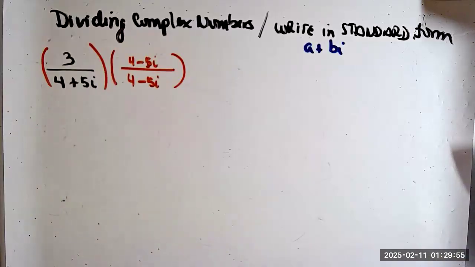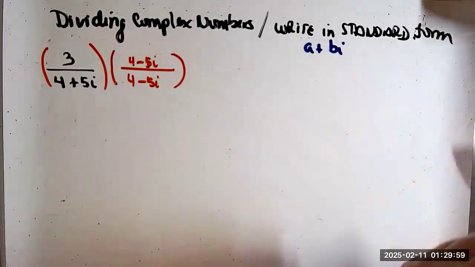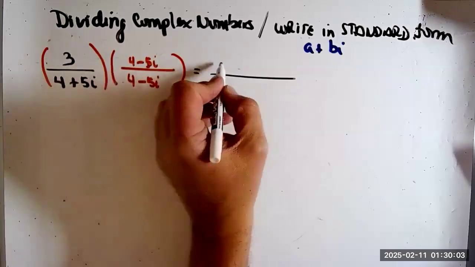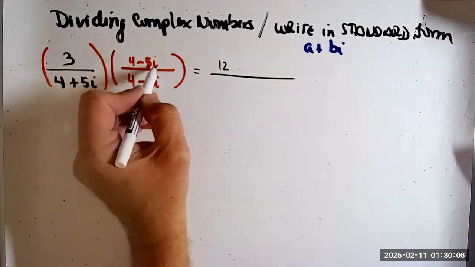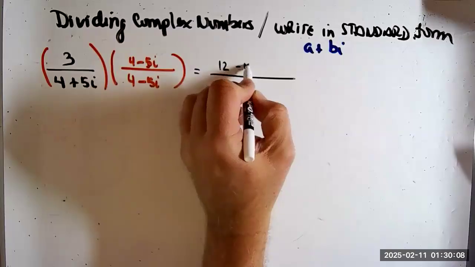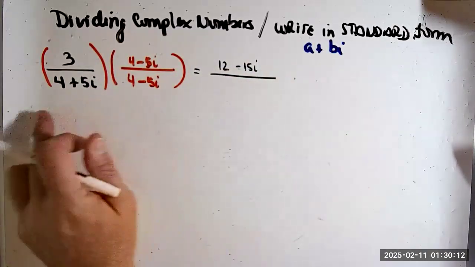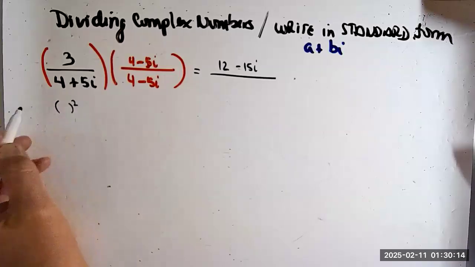It's a matter of multiplying. So let's see what we have. In the numerator, I have 3 times 4, 12. 3 times negative 5i, minus 15i. And the denominator, multiplication of conjugates, so I'm going to work it out on the side.